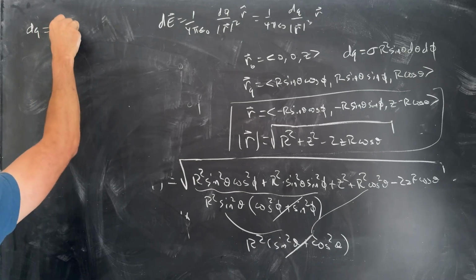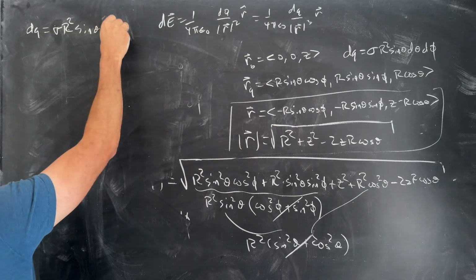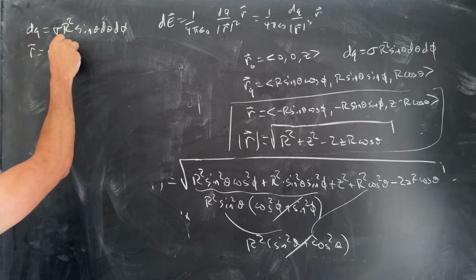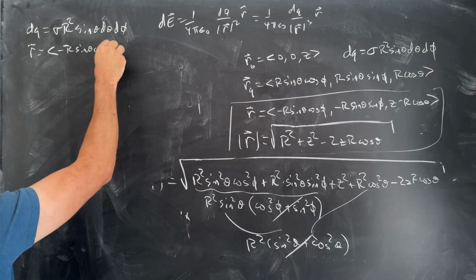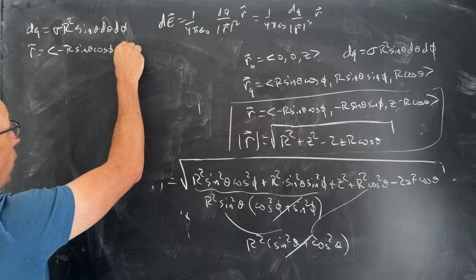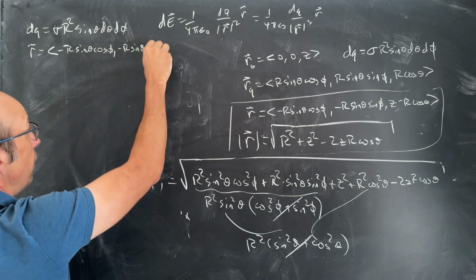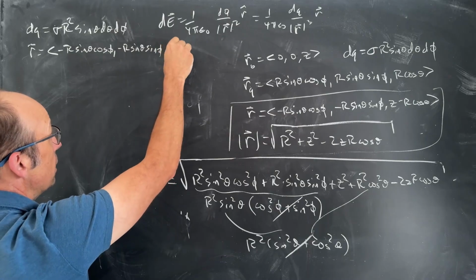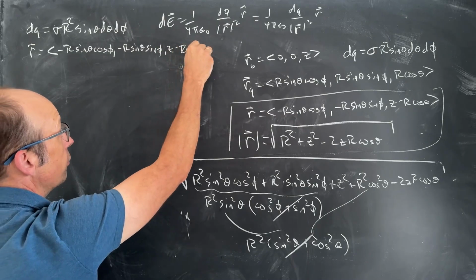Sigma r squared sine theta d theta d phi. The vector r is negative r sine theta cosine phi, negative r sine theta sine phi, and then I have z minus r cosine theta.